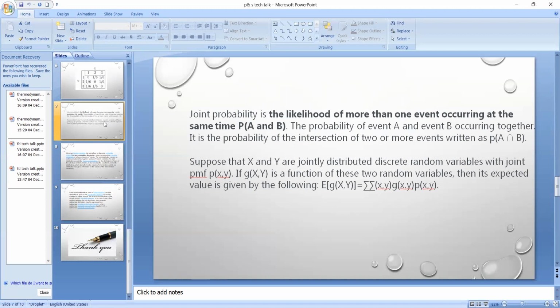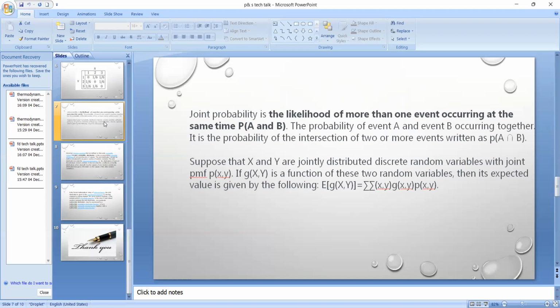Suppose that capital X and capital Y are jointly distributed discrete random variables with joint PMF p of x and y.